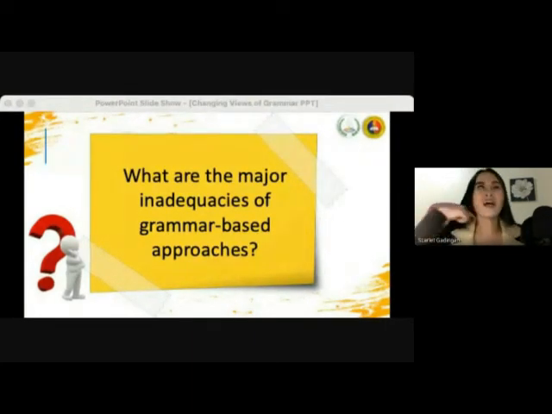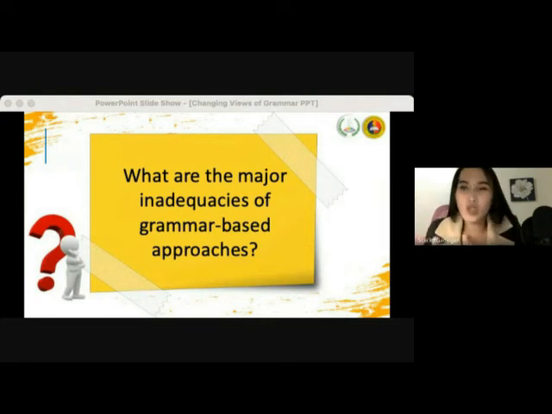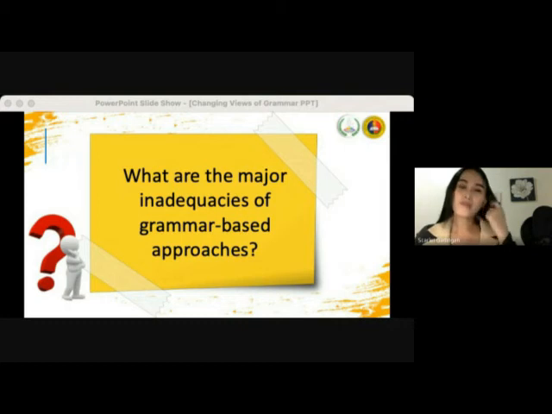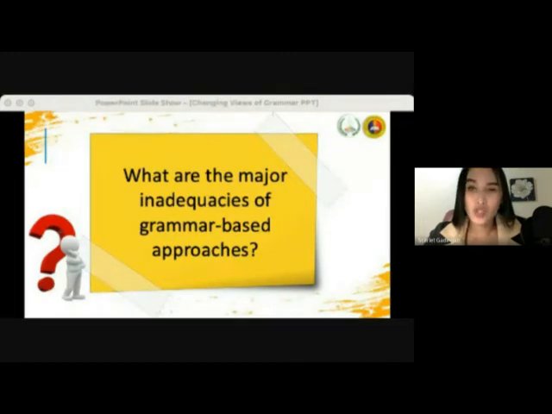Meaning to say that ito muna ang iuunahin natin kasi ito yung pinaka-importante, and then the next, and then the next, which is not really the case, because when students use the language, they don't simply say, "When I communicate, I will just use infinitives, and then I cannot say anything because I didn't learn that yet." Okay, so it's not like that. It's not a linear fashion. It's usually a combination of different structures to be used in certain communicative situations.